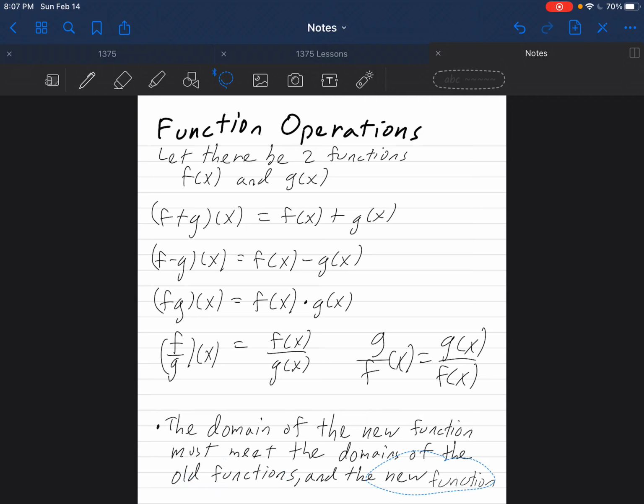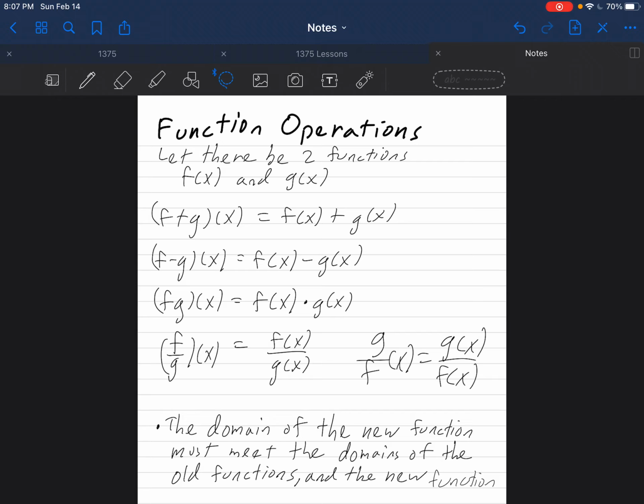So when you multiply two functions together, you're going to have to meet the domains of f and g individually and whatever f times g turns out to be. Okay, and again, following all the rules of domains and things like that we did last class.